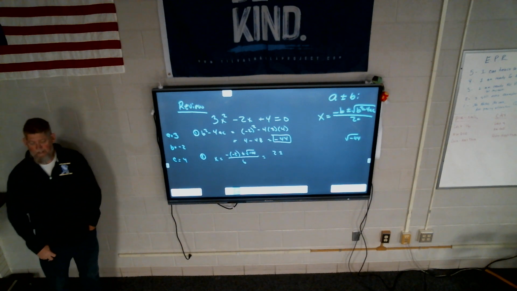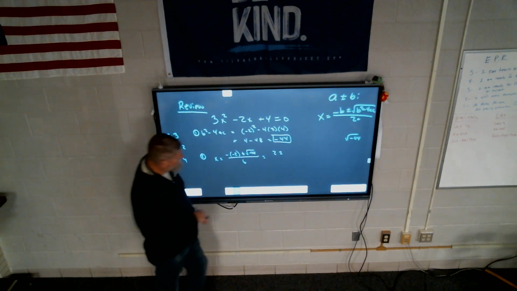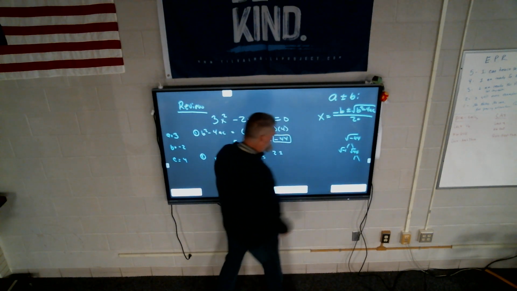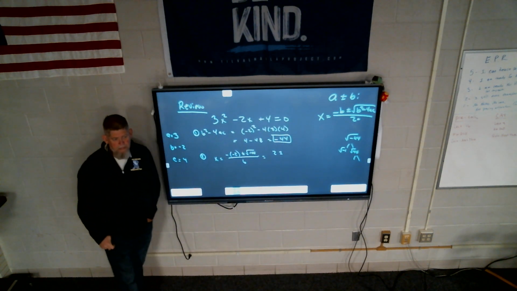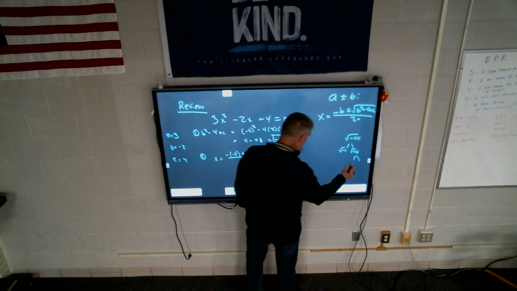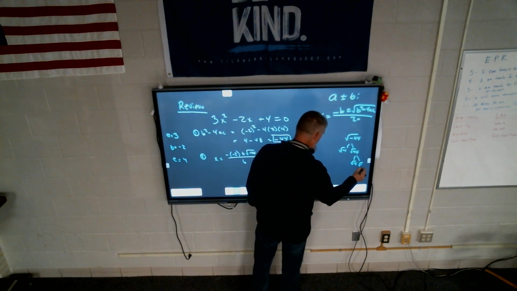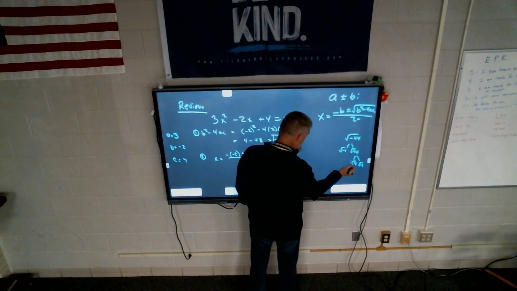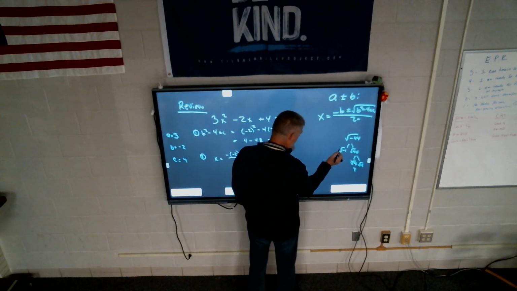Take the negative 1 out. Please, please, please take the negative 1 out first. And then you do whatever you can do with factoring the 44. 4 and 11. And 4 is a perfect square, right? So square root of 4, square root of 11, and 11 is prime. The square root of 4 is 2, the square root of negative 1 is i.